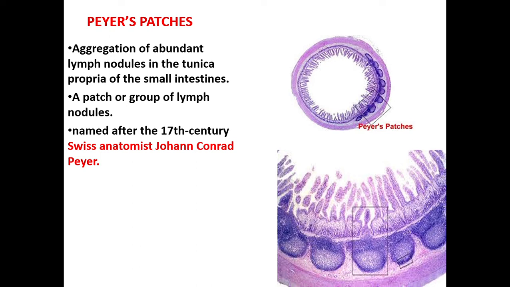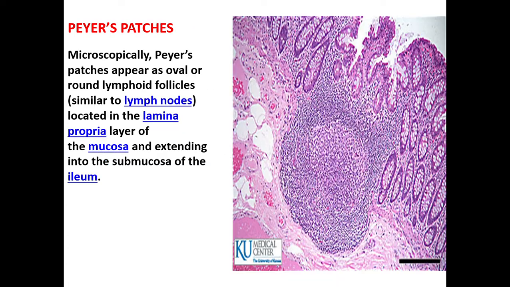In the illustration, you can see the Peyer's patches underneath the surface epithelium, with the same appearance as the other lymph nodules.